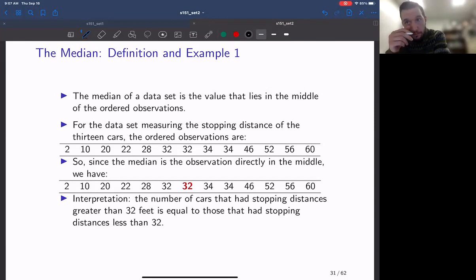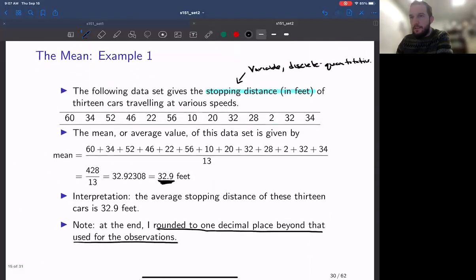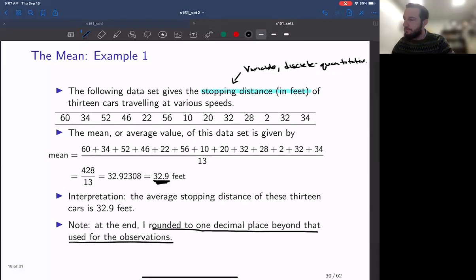So for example, if we wanted to find the median of those 13 stopping distances that we discussed on the previous slide, that would be found by taking the 13 values that are shown on slide 30, arranging them from smallest to largest, and then identifying where the midpoint is.